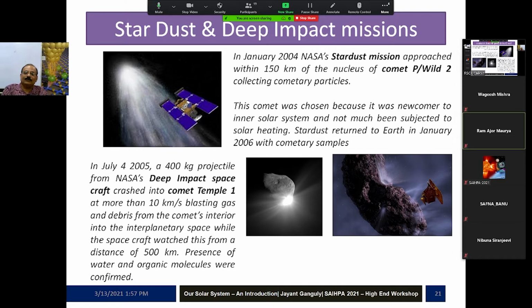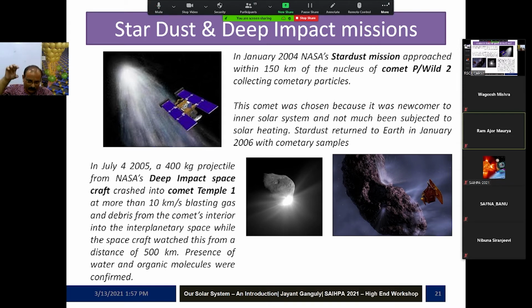But again, on July 4th, 2005, NASA's Deep Impact mission dropped a 400 kg projectile on a particular comet called Tempel 1, and as it hit, a lot of gases and ice particles blasted out. You can see the collision picture here.